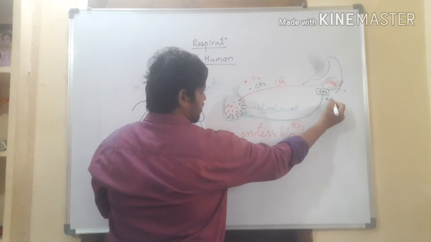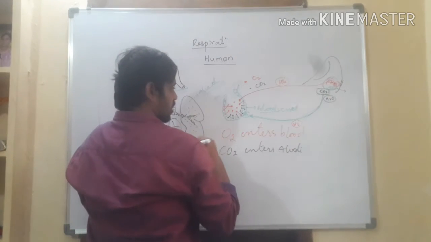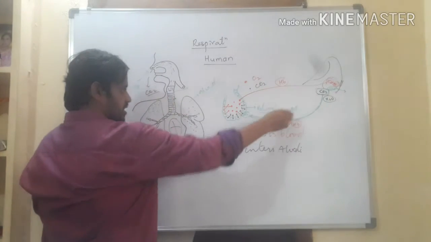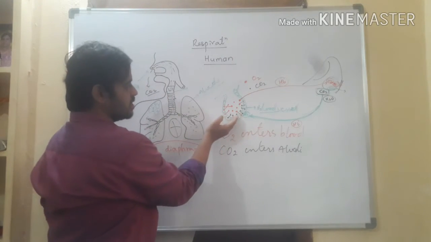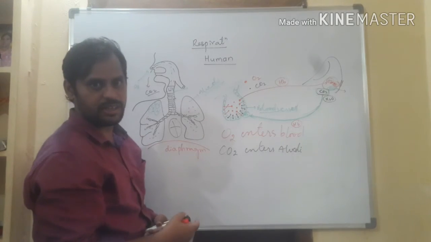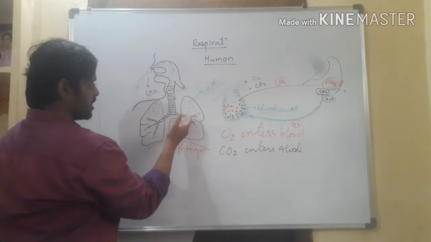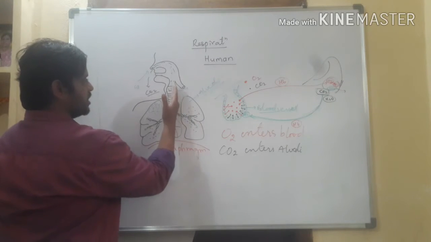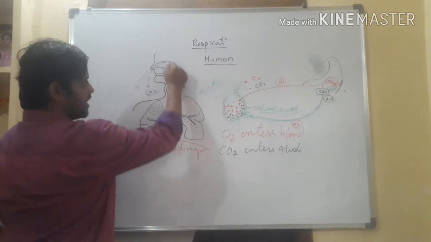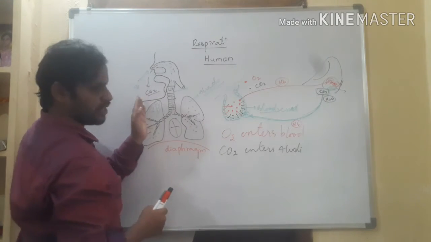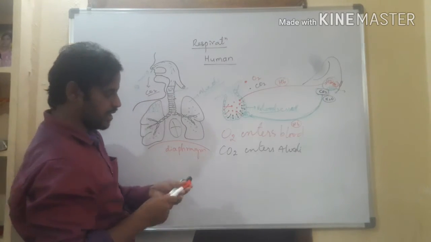Now these two substances are carried back to the lungs. Carbon dioxide is thrown into the alveoli, and it gets out of the nose in exhalation. In inhalation we take oxygen, in exhalation we give out carbon dioxide.